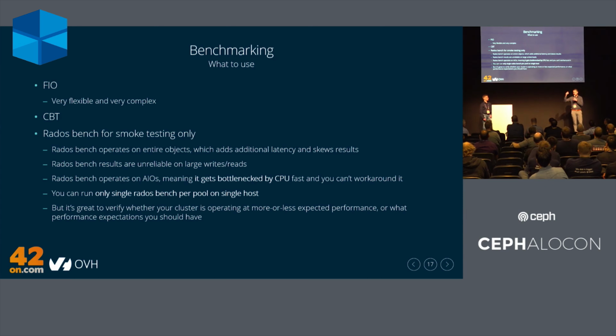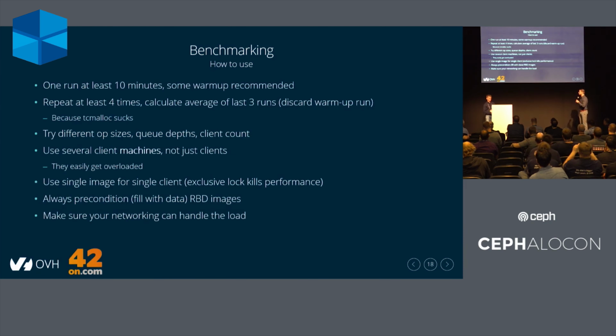But the latency might be super high, and you're not noticing it. So test with a single thread, with a 4K write, and see what performance you're able to get. Nowadays you should be able to get something below 1 millisecond for a 4K write with 3 times replication, somewhere around 0.7, 0.8 milliseconds on NVMe, which is affordable.